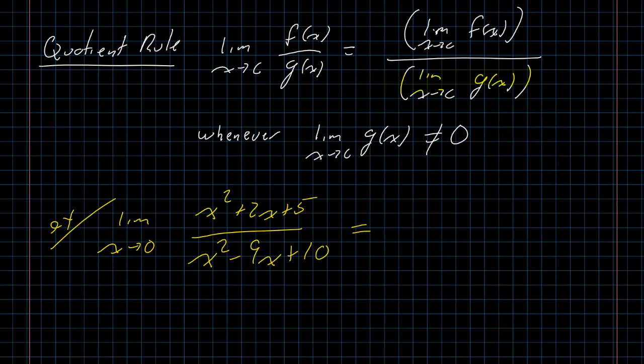We can plug in, we can separate out, take the limit of the numerator and the limit of the denominator. We can dig into taking the limit of each piece of the polynomial in the numerator and each piece of the polynomial in the denominator. And we can get things that work fairly nicely. We get 0 plus 0 plus 5 over 0 minus 0 plus 10, which simplifies down and becomes 1/2.